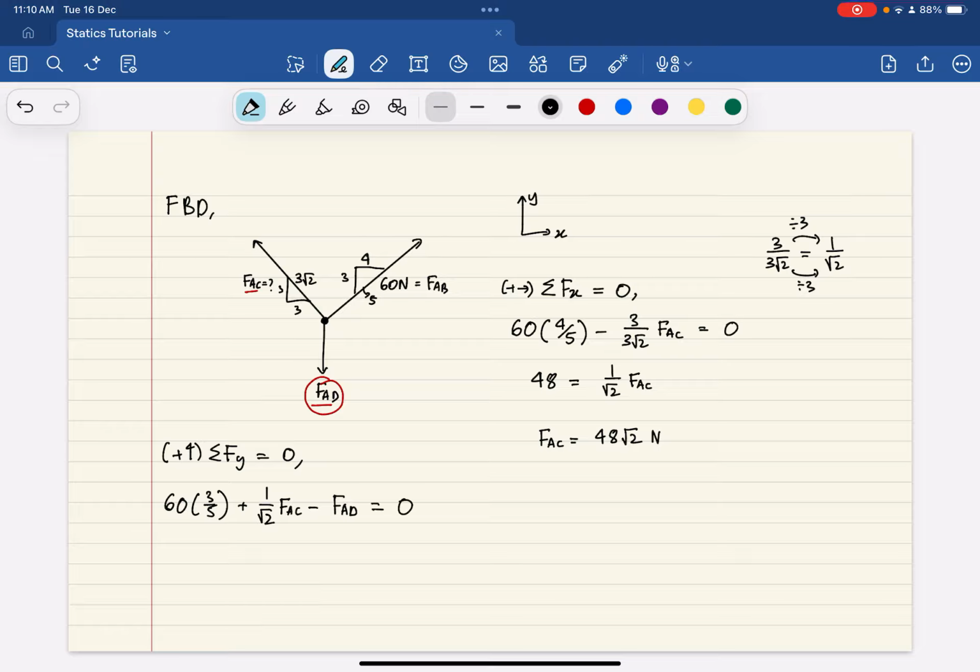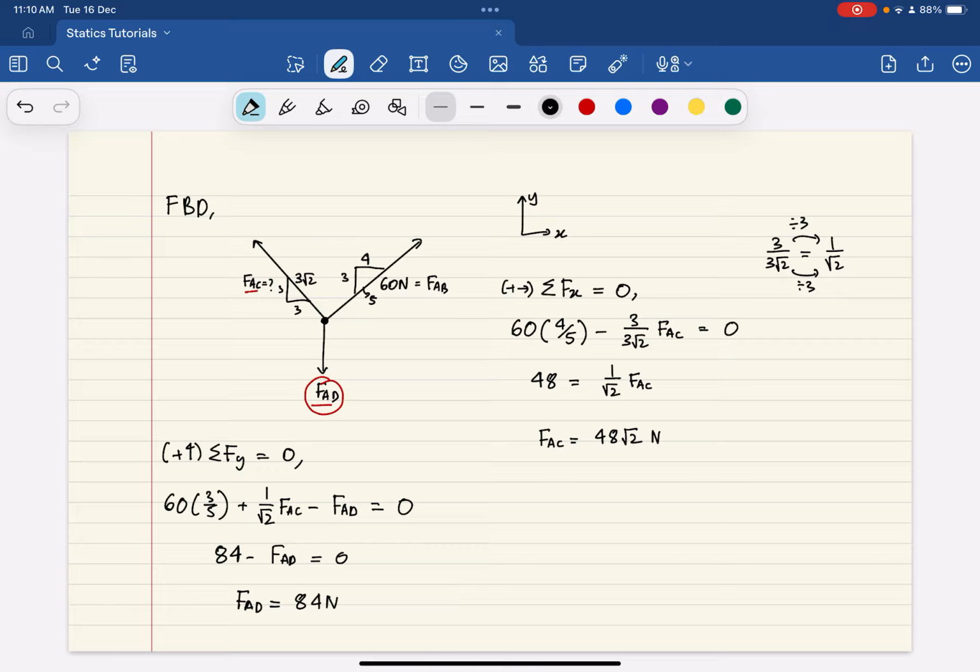So 60 times 3 over 5 plus 1 over root 2 times your FAC, which was 48 root 2 as we got earlier, we'll end up having 84 minus FAD equals 0. So FAD is just 84 newtons.